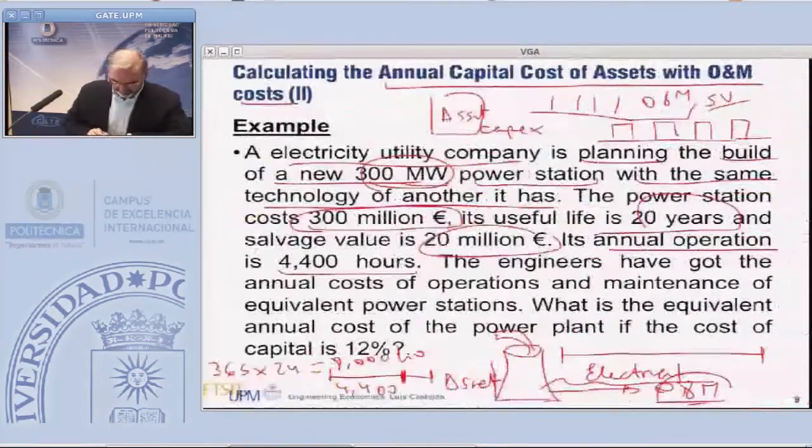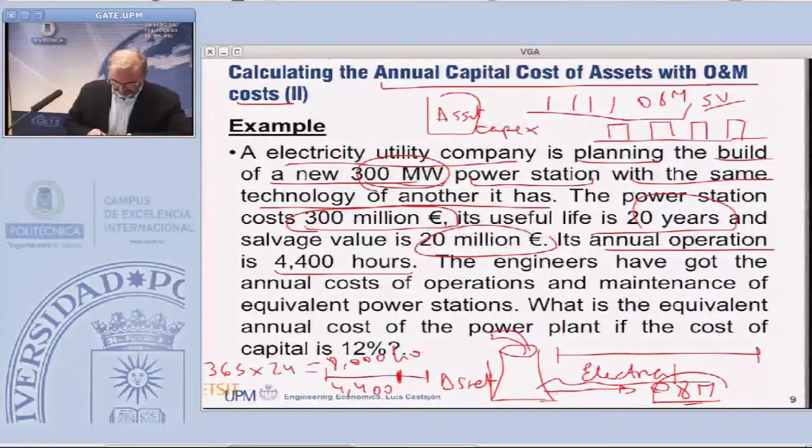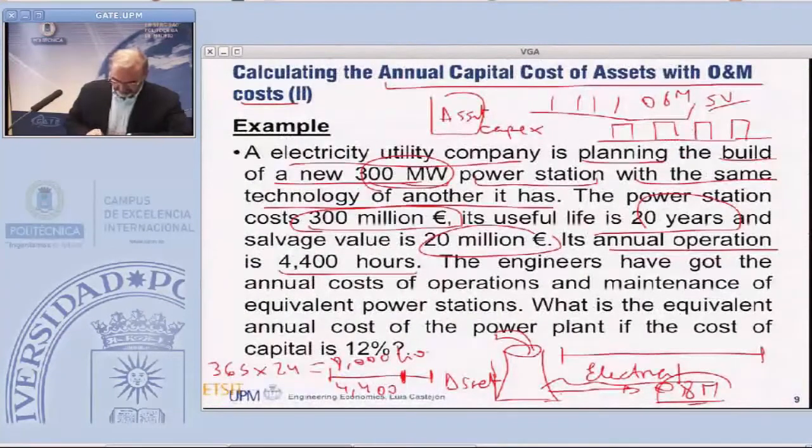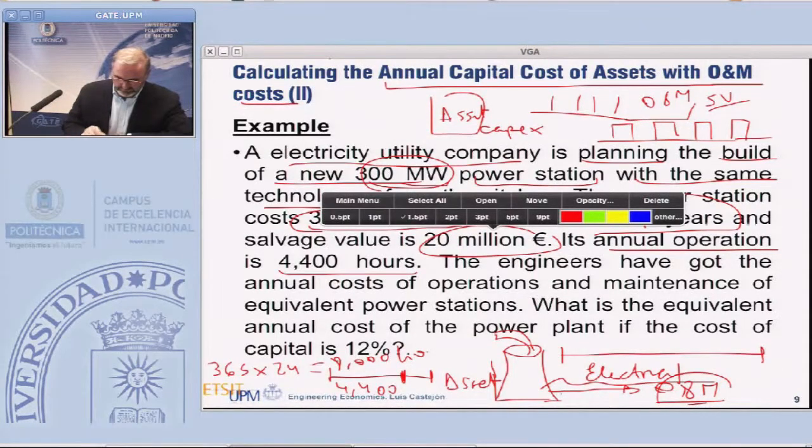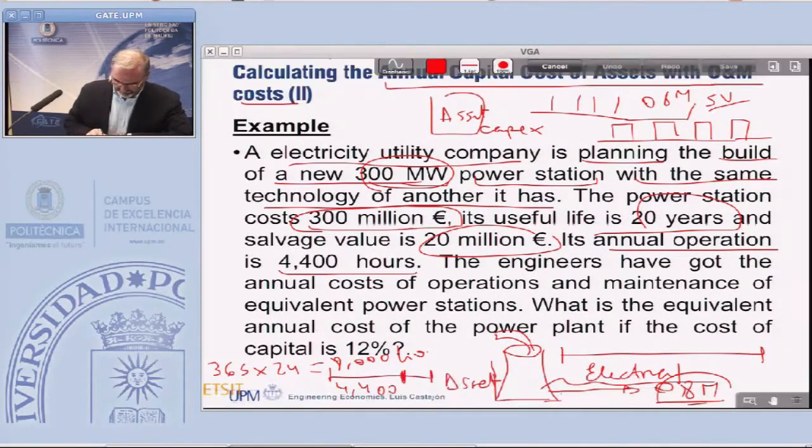So just take it into account. The machine is producing 50% of the time.